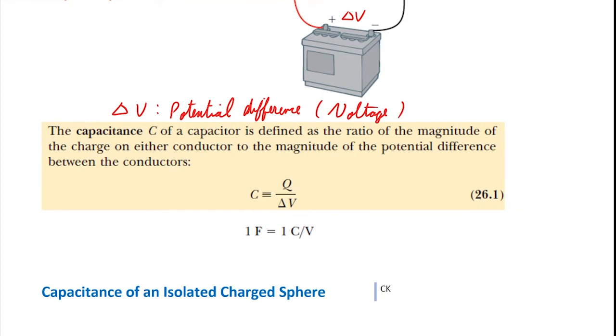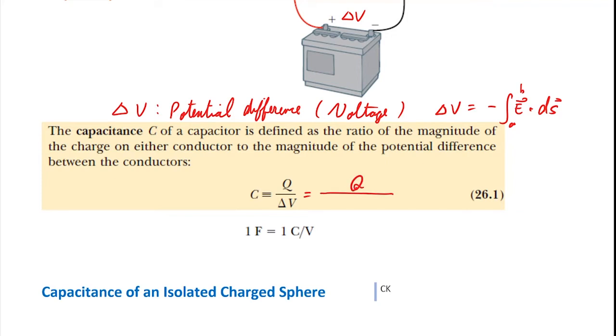Okay, so the total charge that can be stored divided by the potential difference, delta V. But when we say delta V, we have to be careful because the way we define delta V was like this, right? Which means it could be positive or negative depending on the direction this line integral is being moved. So we want to define a simple term as the maximum you can store.